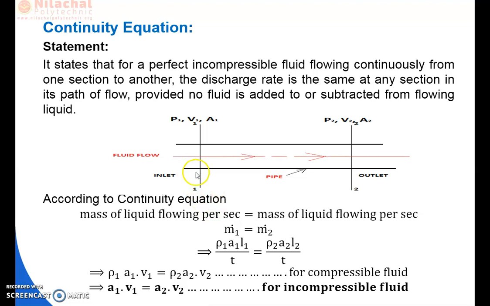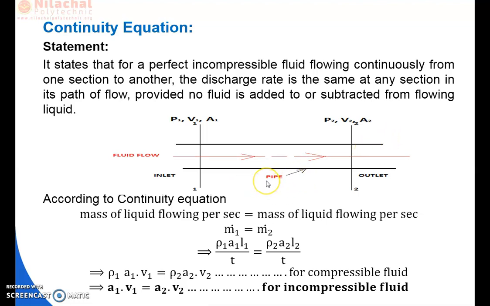The fluid flow is given by the arrow mark; inlet means entry of liquid, outlet means moving of liquid out from the pipe. Let us consider the flow parameters like pressure, velocity and area as P1, V1, A1 at the inlet. At the outlet, it is P2, V2, A2. These are the corresponding values of pressure, velocity and area at the outlet section of the pipe.